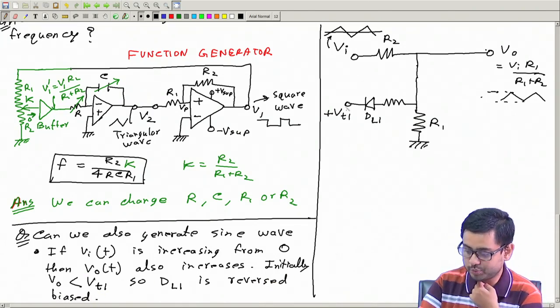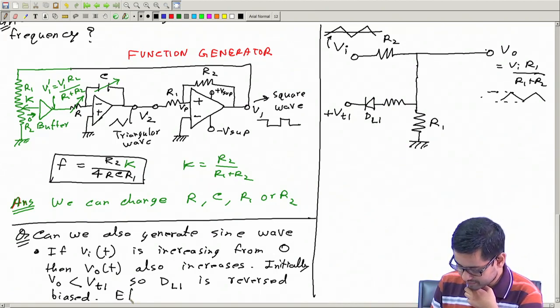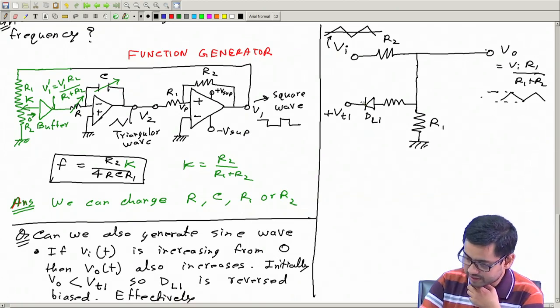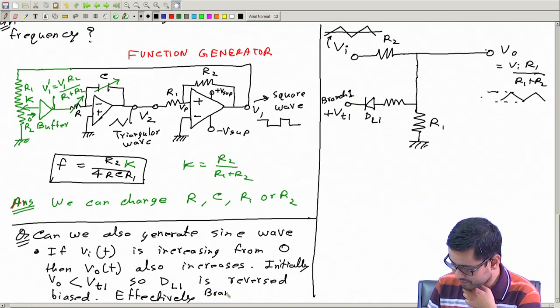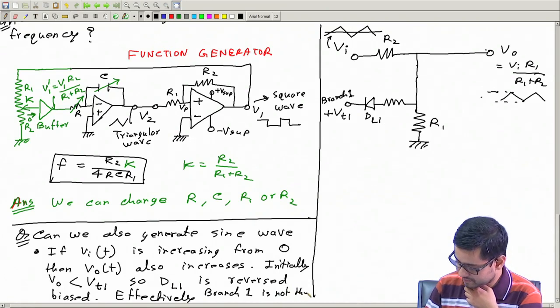So effectively this part is not connected. So effectively this branch, I mean, what can you call this, branch 1. Effectively, branch 1 is not connected or is not there.